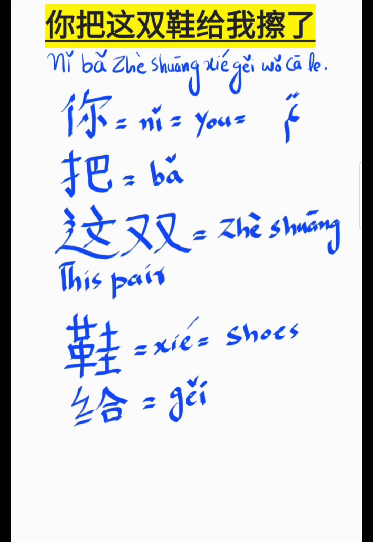Okay, make these shoes clean for me. So wo, we already know this one. Here gei wo, for me. Okay, so here it does not mean I, it means me.